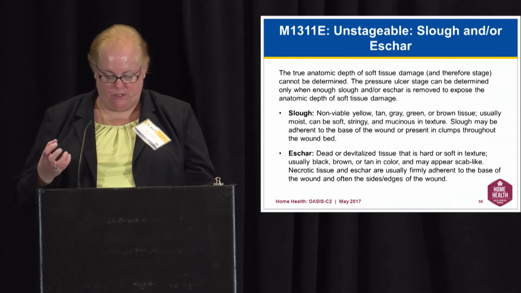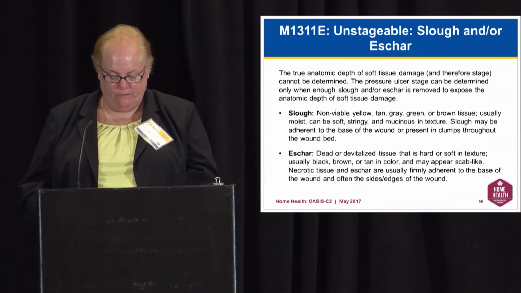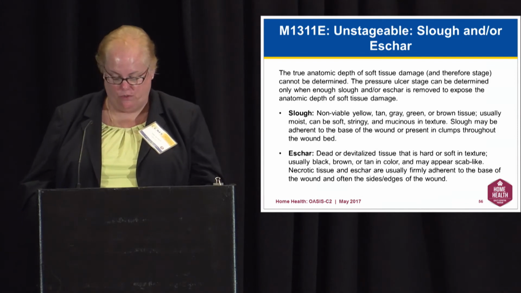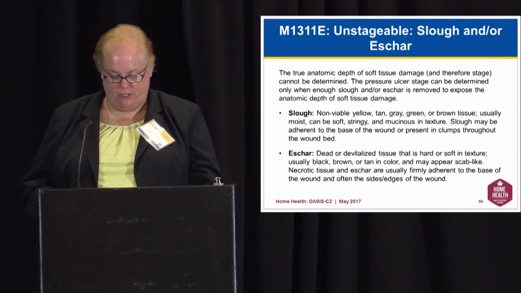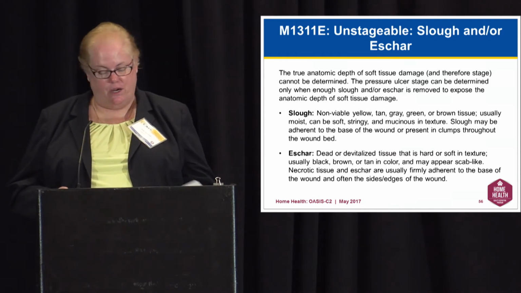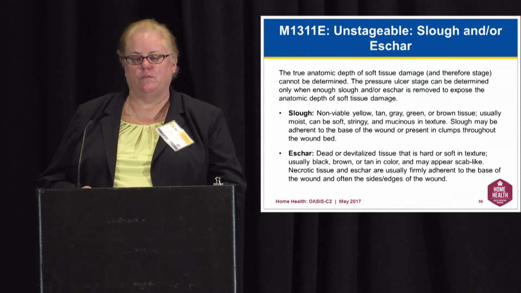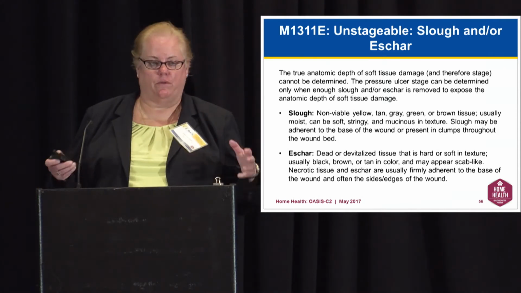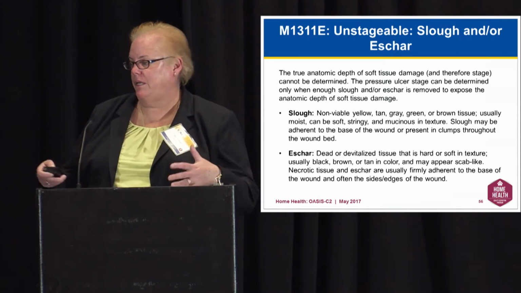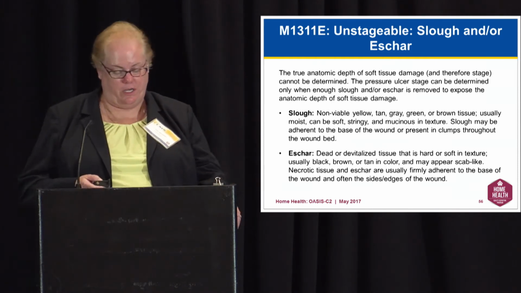It's usually very much adhered to the wound. It's necrotic tissue, and usually firmly adheres to the base of the wound, and usually at that point needs to be either surgically or chemically debrided, if that's a choice that you're doing. Usually on the heels, they just let them be, and you relieve pressure and keep an eye on them.